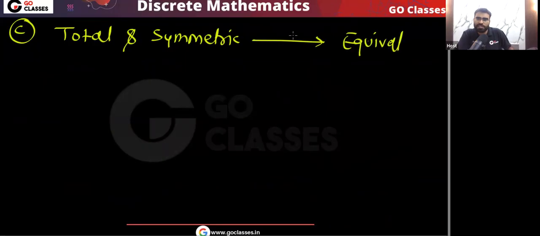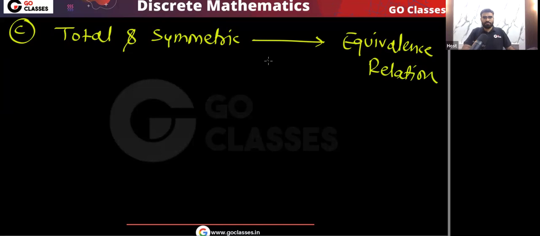What do we need for equivalence relation? We need reflexive, transitive, and symmetric. Symmetric is already there, right?